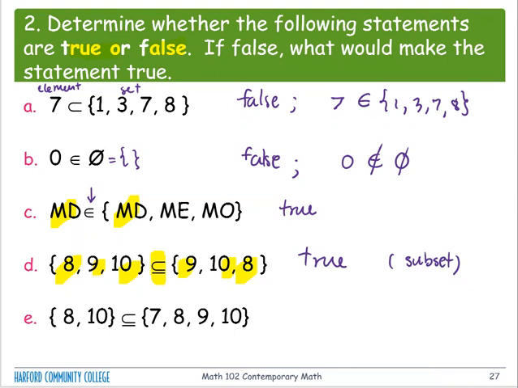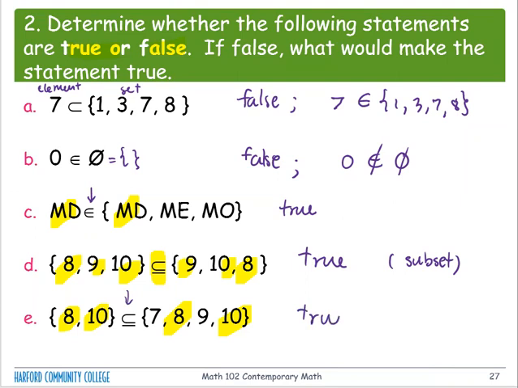And then part E, the set on the left has 8 and 10. The set on the right has 7, 8, 9, and 10. 8 and 10 are both contained in the set on the right-hand side. And the notation that we use represents that the set on the left is a subset of the set on the right-hand side.